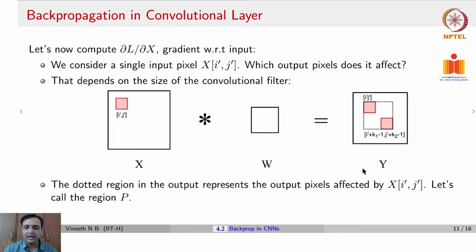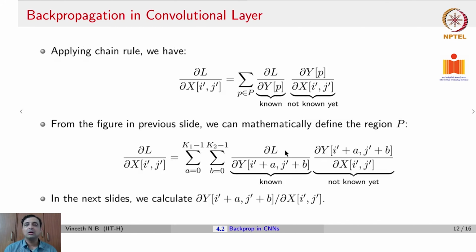Rather, if we see the previous slide, we are taking each pixel here and adding them all up, saying that we want the gradient of a particular pixel in this region P with respect to this pixel in X. That's what we are writing in this summation. The left quantity here is known because we assume that all the ∂Y are known until that time.